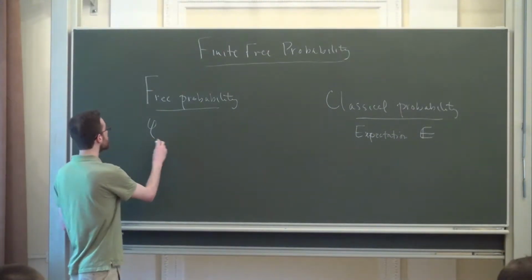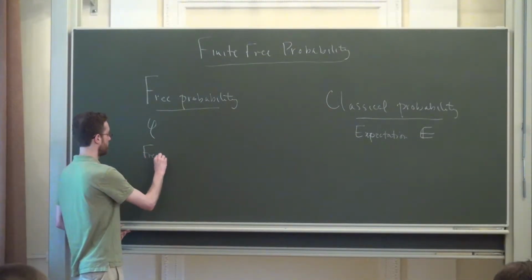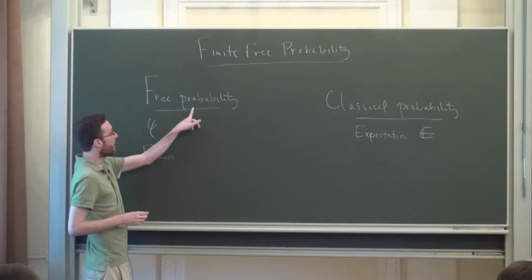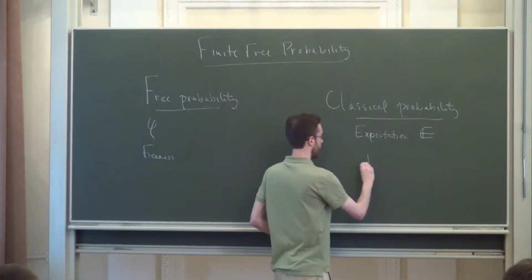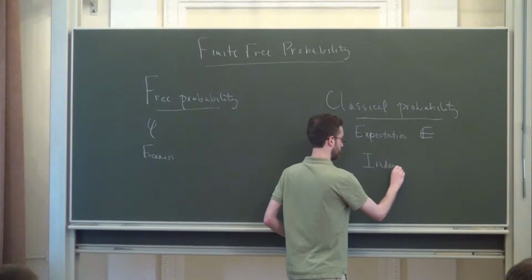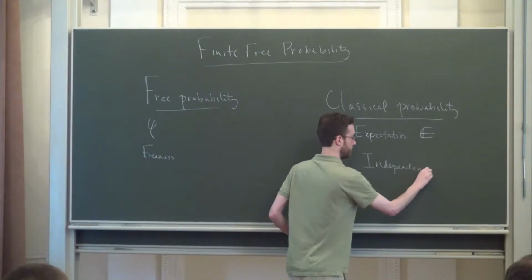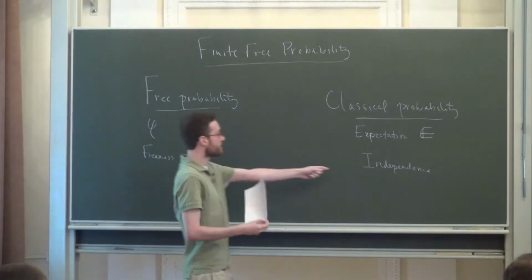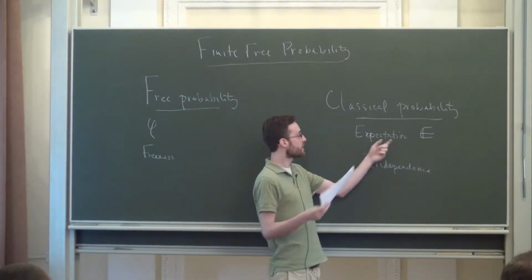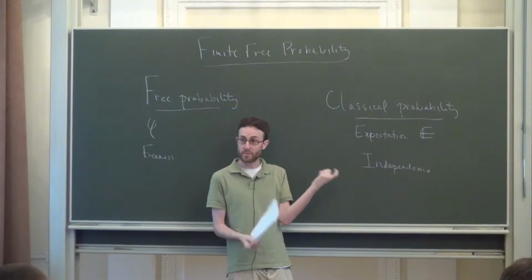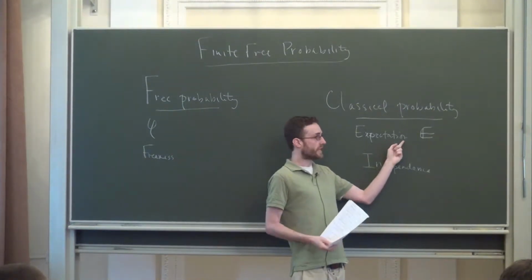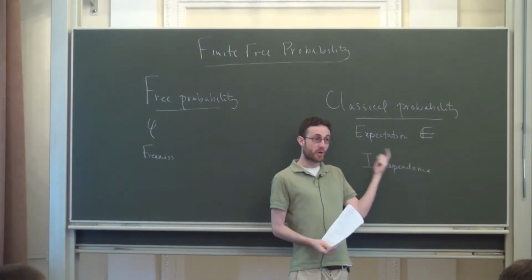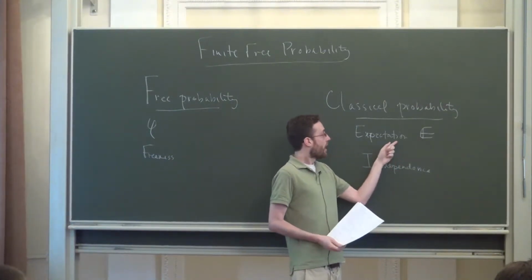And what is freeness? Freeness is the non-commutative version of what independence is over here. Okay, and so what is independence? Independence says that, well, when you have two random variables and you want to add them together, say, you can't just do that because you need to know the joint distribution between them.